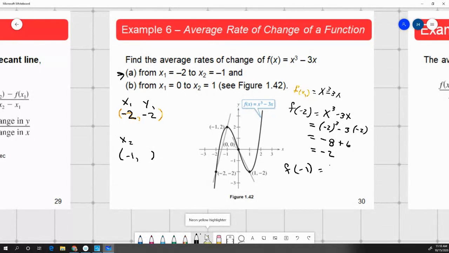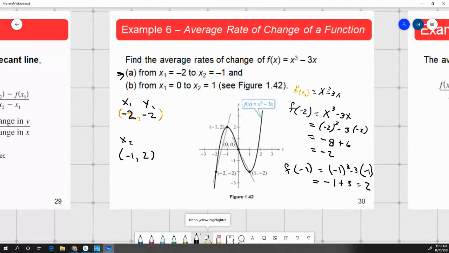And I'm going to write that as, okay, it's -1 cubed minus 3 times -1. And now we're going to solve it. And we're going to go, okay, here we've got -1 cubed. Well, that's just -1. -3 times -1, that's +3, which is going to give me +2. So these are my 2 points.